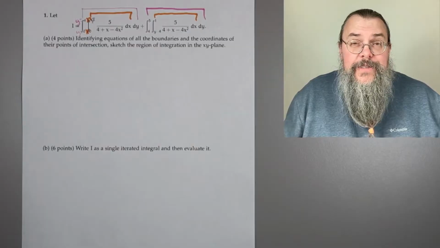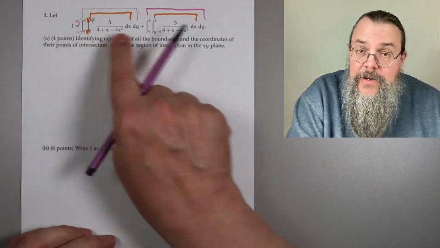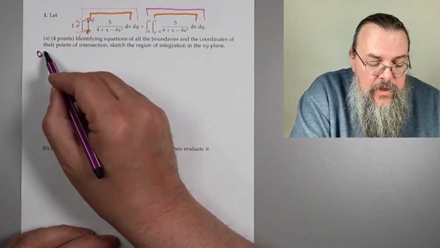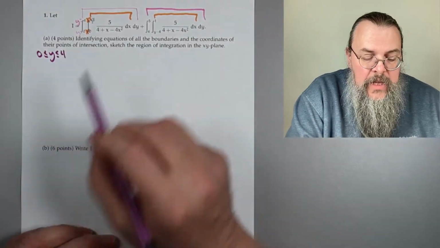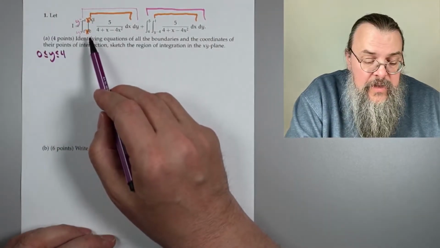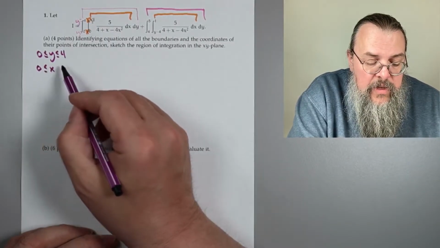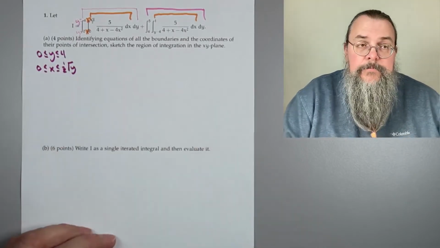First off, we say, let's see what the bounds tell us. The outer layer is telling us that we're having 0 less than or equal to y less than or equal to 4. The inner layer says we have 0 less than or equal to x less than or equal to 1/2 square root y.